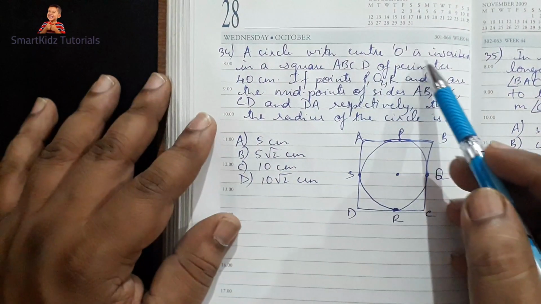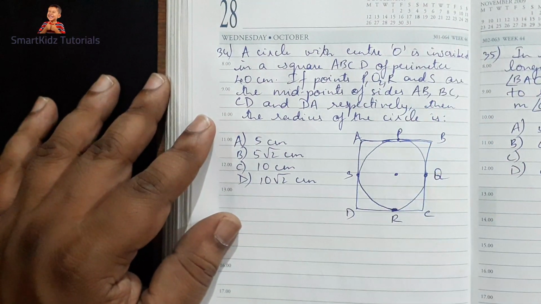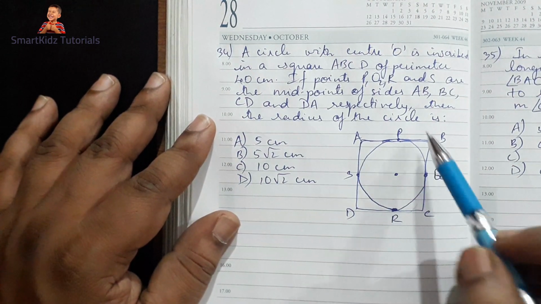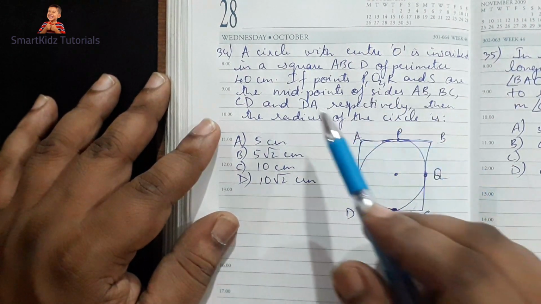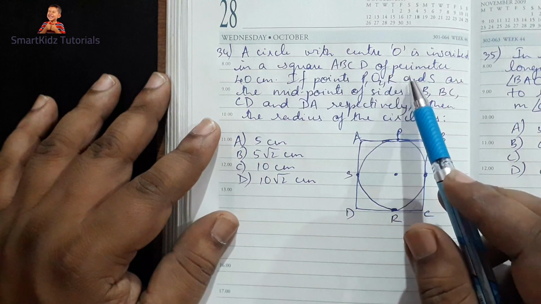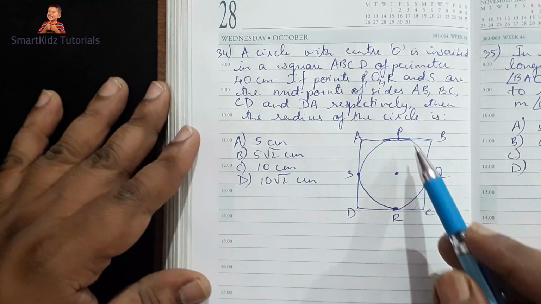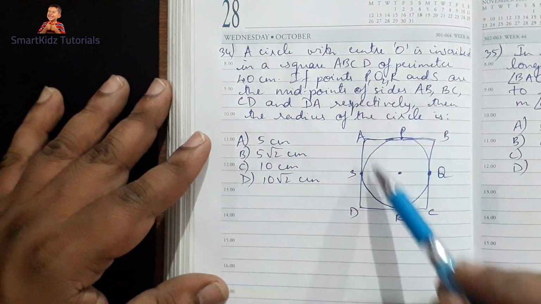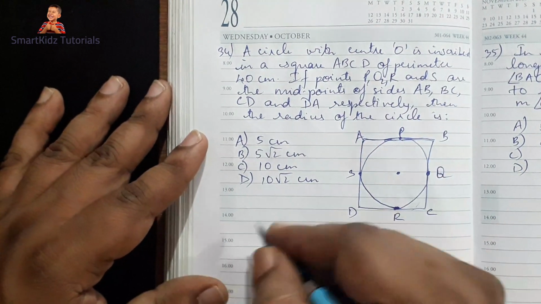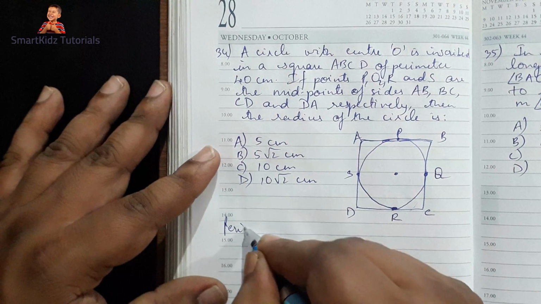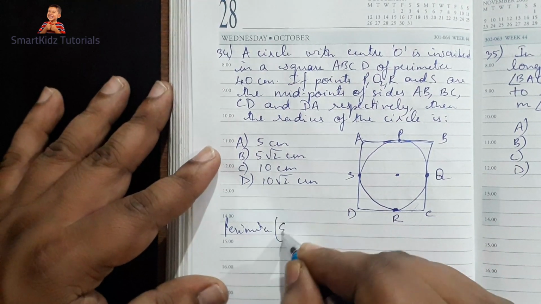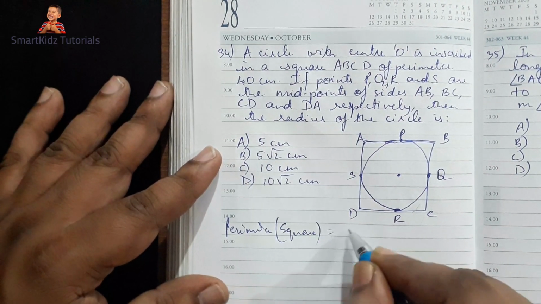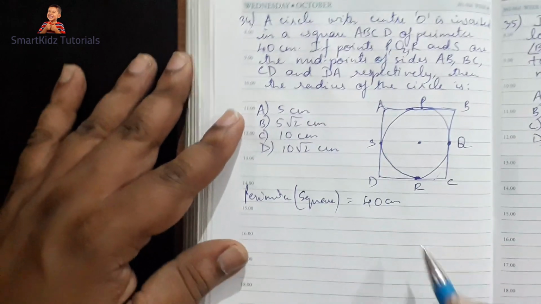Next question. A circle with center O is inscribed in a square. So like this, ABCD is a square of perimeter 40 centimeters. So perimeter of square equal to 40 centimeters.